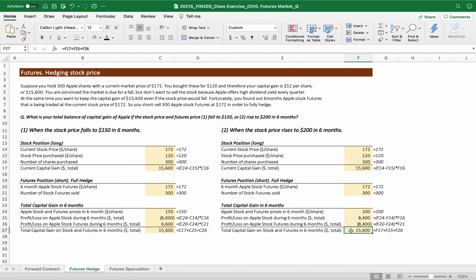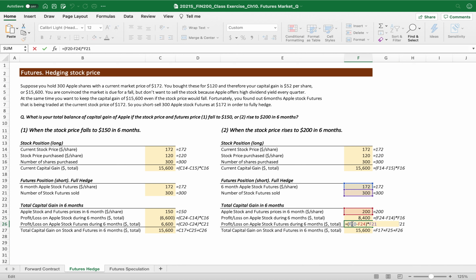But still, we could maintain 15,600. How? We made a profit of 8,400 because the stock price increased from 172 to 200. So we earned the difference, $28 per share times 300, 8,400 more profit since the 172 stock price.